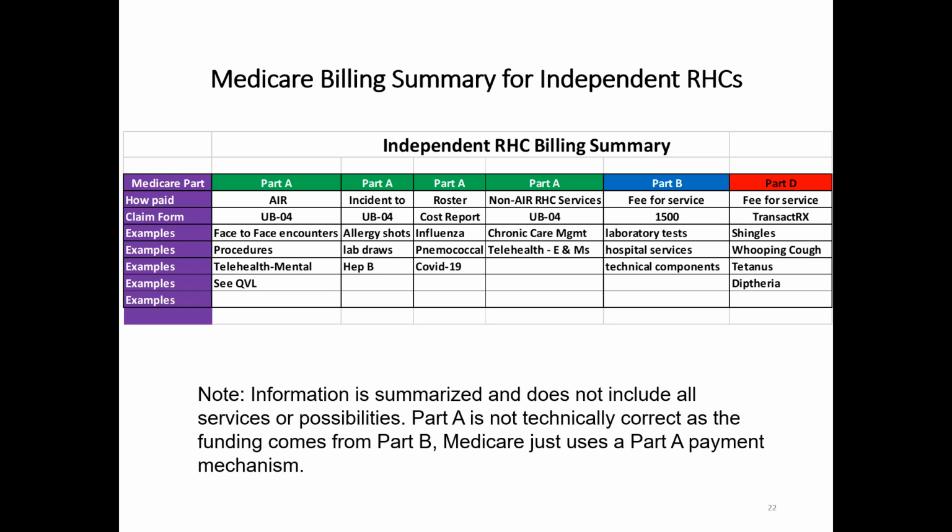And then the last part: there's still Medicare Part A services, but they're not covered under the all-inclusive rate. They will still go on the UB04. They won't count as visits on your cost report, and you'll get paid a fee for service for those. Things like chronic care management, CCM, that is your biggest one.